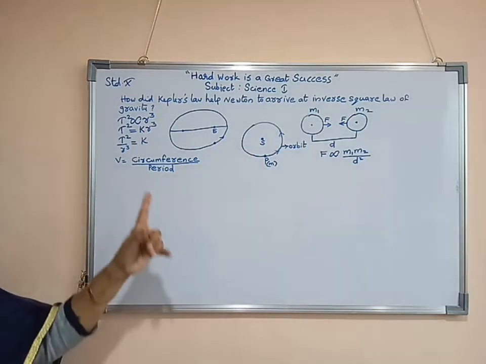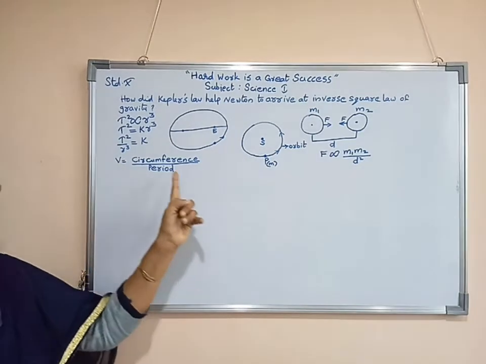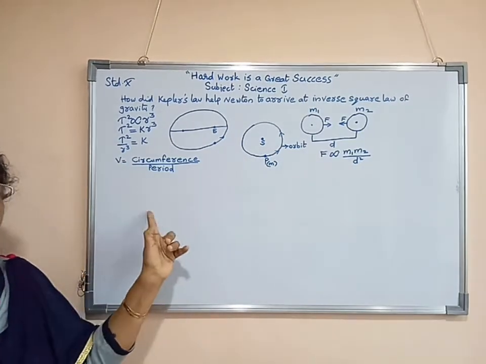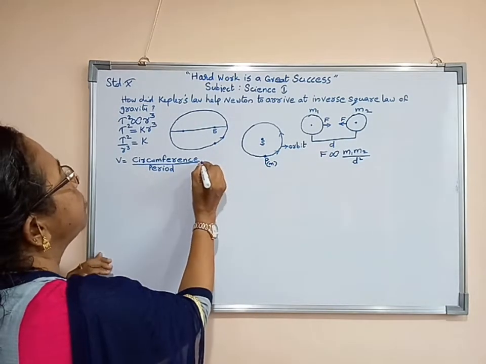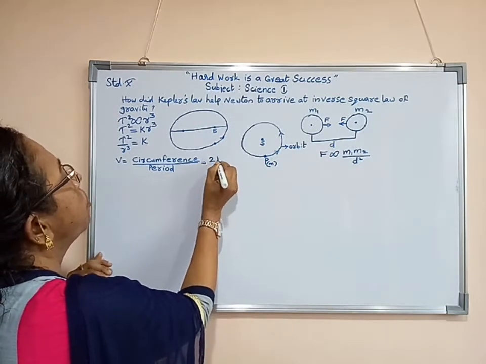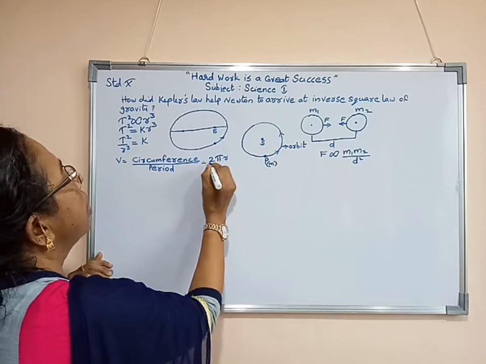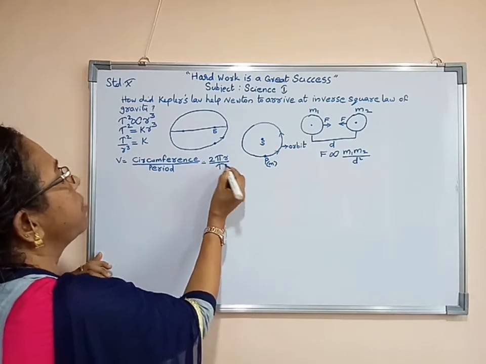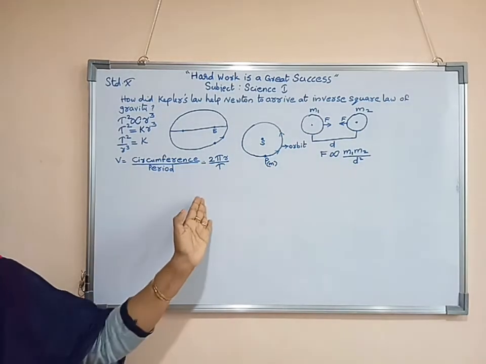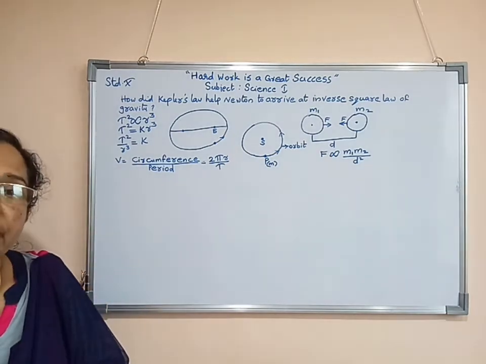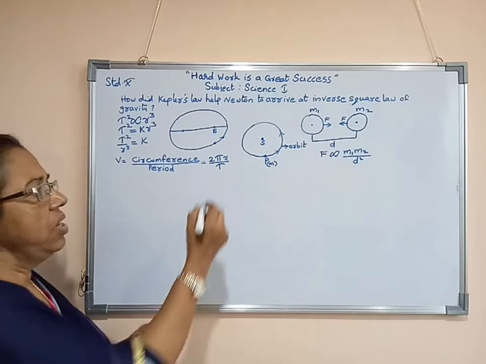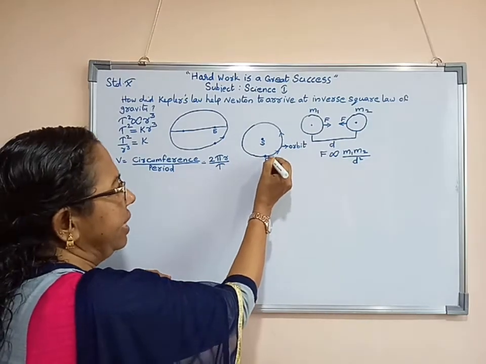So once again, V is equal to circumference of the circle upon period of revolution. Now circumference of the circle I am writing as 2 pi r, upon period of revolution which I am writing as T.